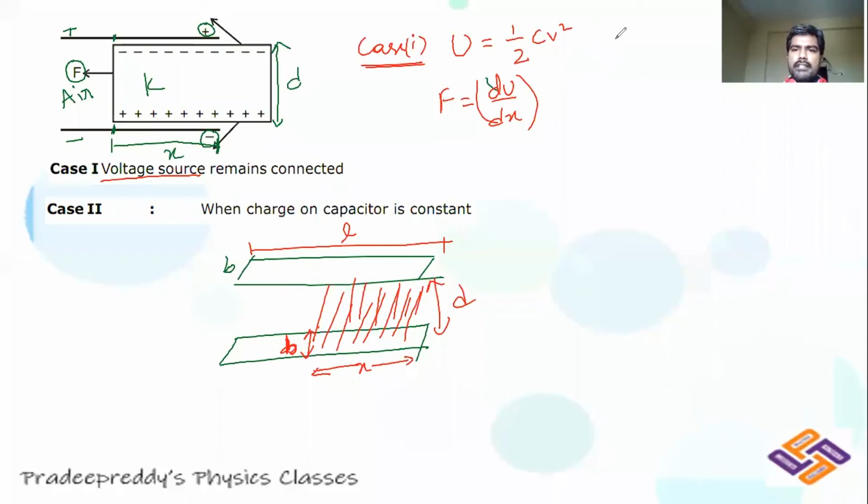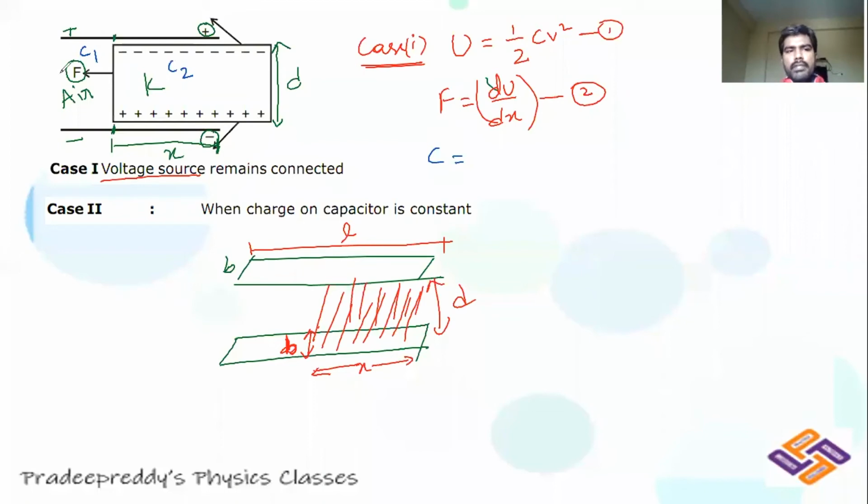Let me take this as equation number 1. Let me take this as equation number 2. Now I need to find the net capacity. In order to find the capacity, you can take this as two different capacitors. One capacitor has capacity C1, the other capacitor has capacity C2.